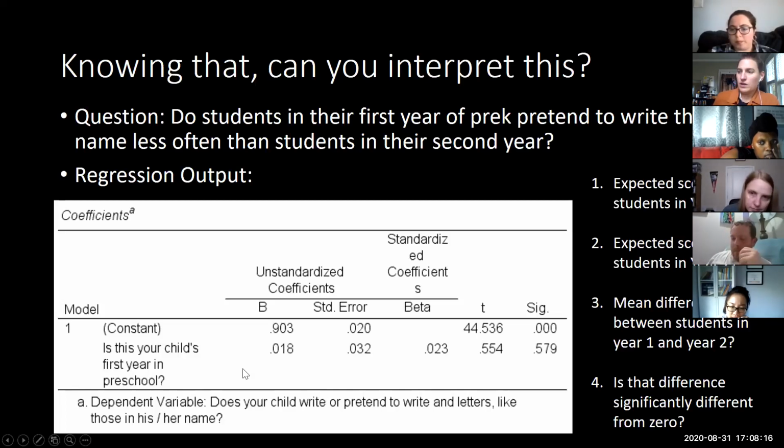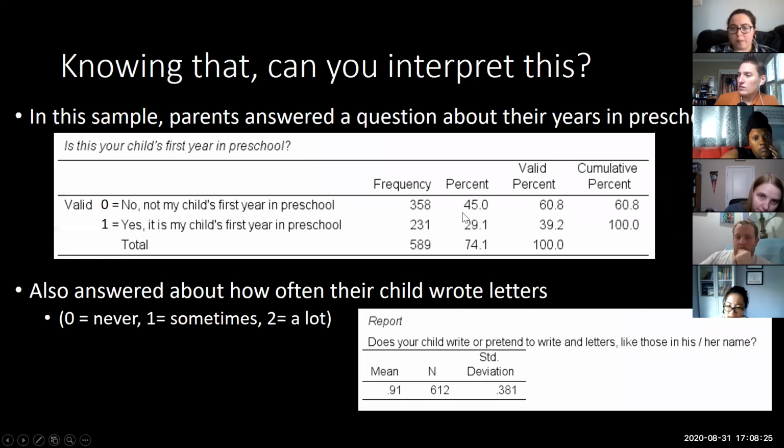So here's what we've got. The constant in this case, let me back up a slide. The constant in this case, no, it's not my child's first year at preschool, is coded as 0. And then 1 is, yes, it is my child's first year in preschool.